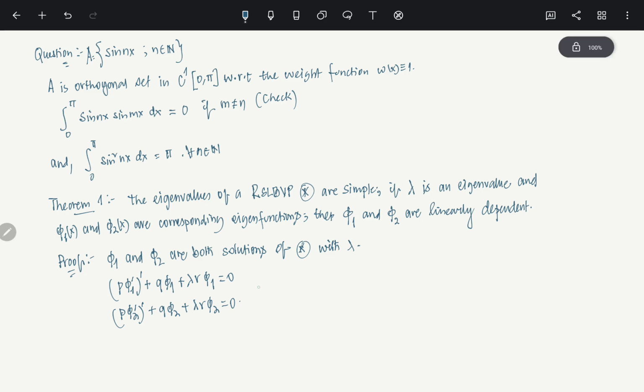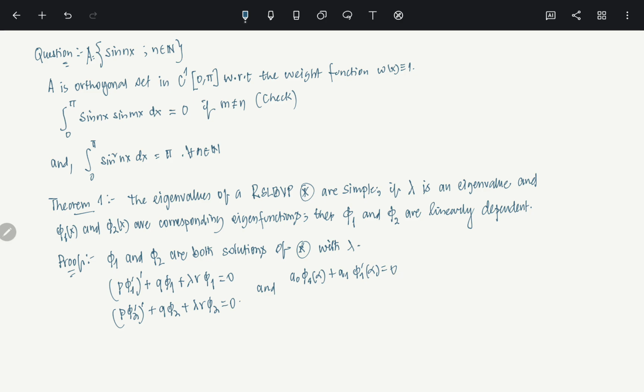Moreover, you have the boundary data A0 phi1 at the point alpha plus A1 phi1' at the point alpha is 0, corresponding to phi1.